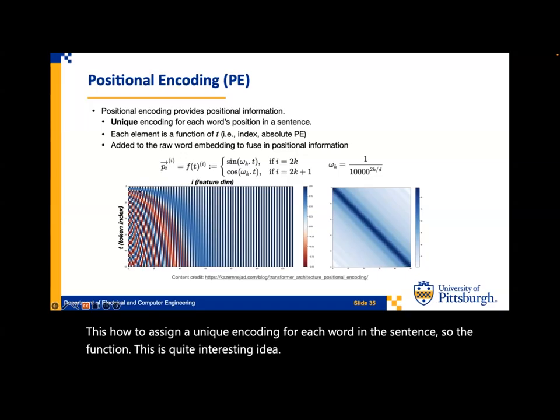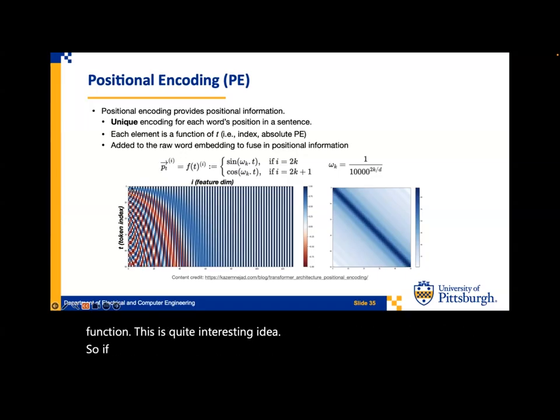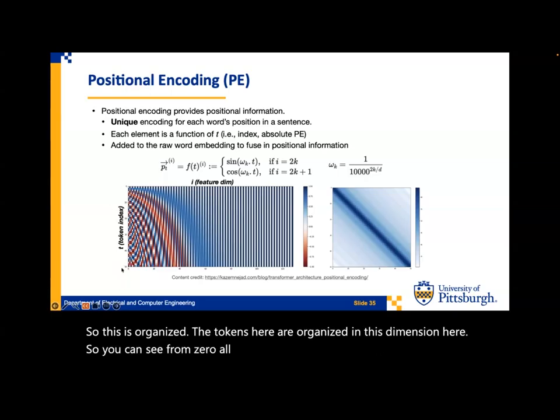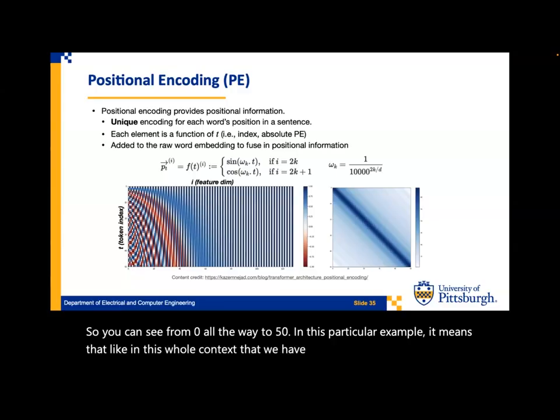So if you look at this, the tokens here are organized in this dimension here. You can see from 0 all the way to 50 in this particular example. It means that in this whole context, we have a total of 50 tokens.